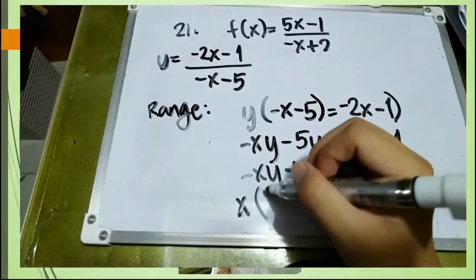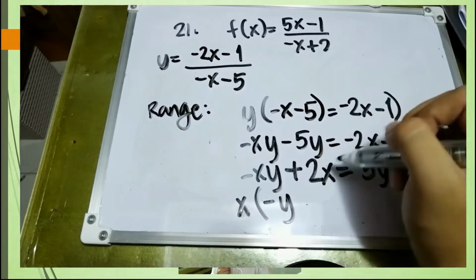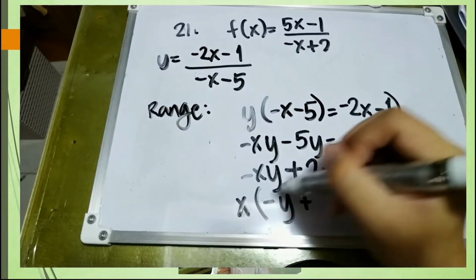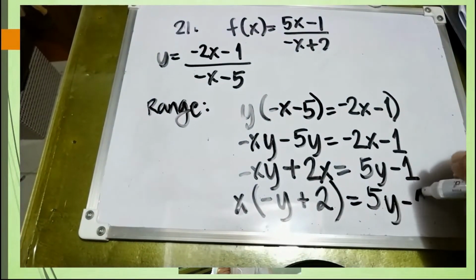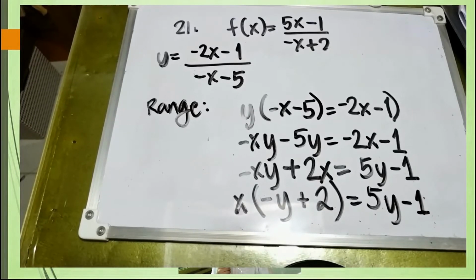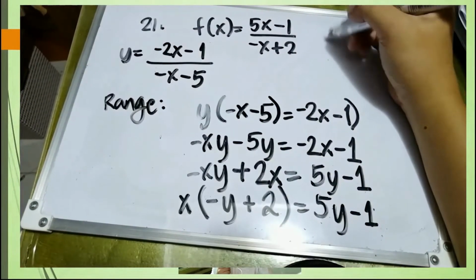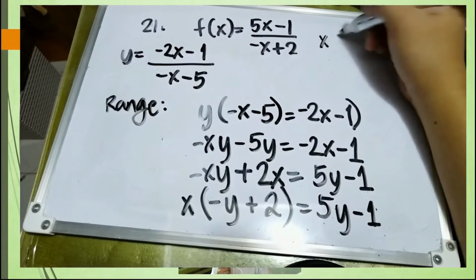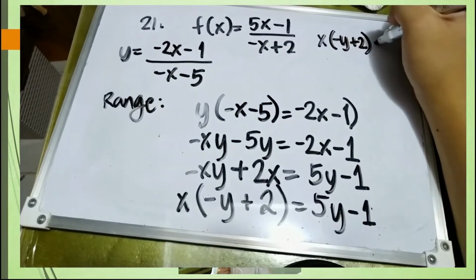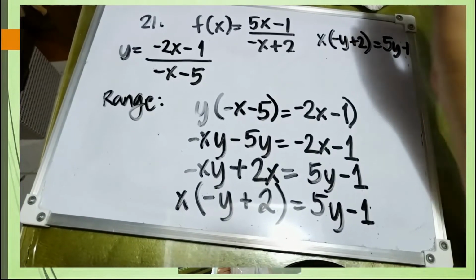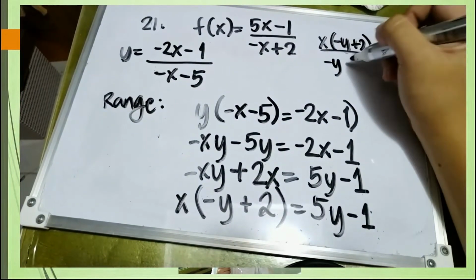So that would be negative xy divided by x is negative y, plus 2x divided by x is just 2. So x multiplied by negative y plus 2 is equal to 5y minus 1. Okay, let's divide both sides of the equation by negative y plus 2.